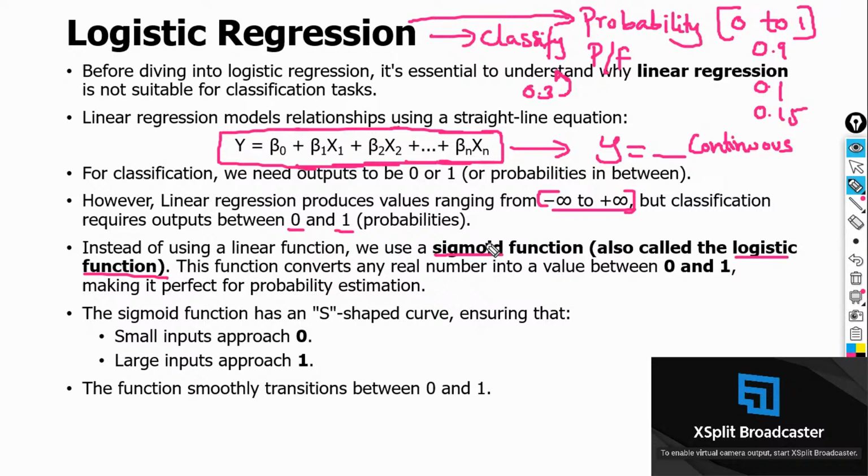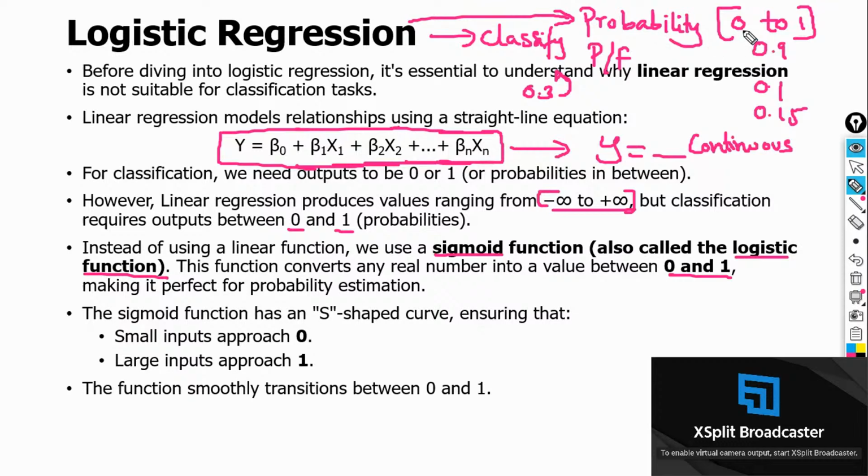This sigmoid function is a nonlinear function, and it converts any real number to a value between 0 and 1. So when you try to predict what exactly logistic regression is predicting, it's predicting the probability.